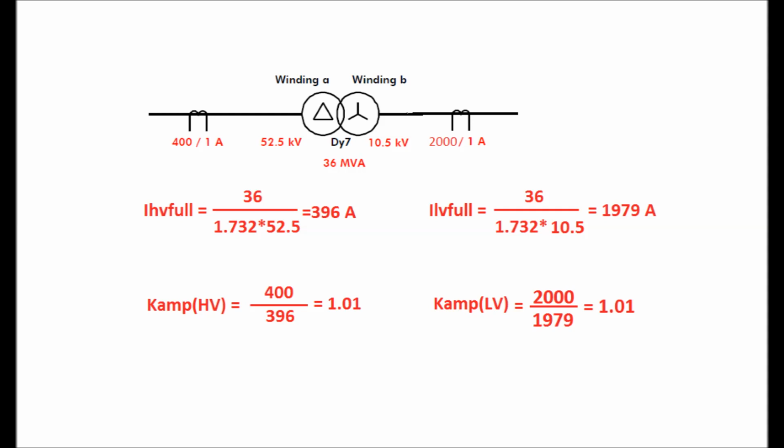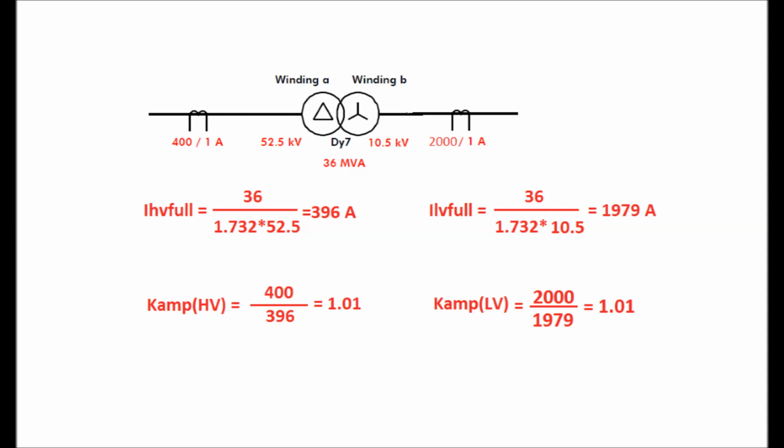Here the MVA capacity of the transformer is 36 MVA, HV side voltage is 52.5 kV, LV side voltage is 10.5 kV, and the vector group is DY7. Winding A is the delta side and winding B is the star side, and the HV side CT ratio is 400/1 and the LV side CT ratio is 2000/1.